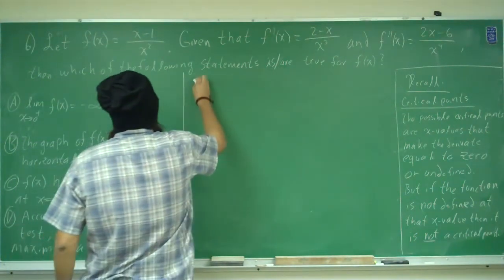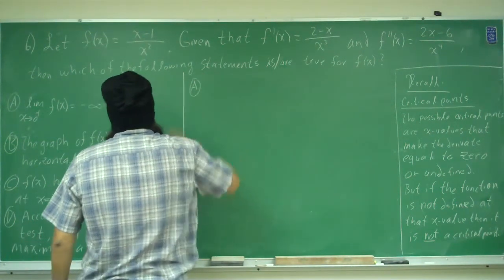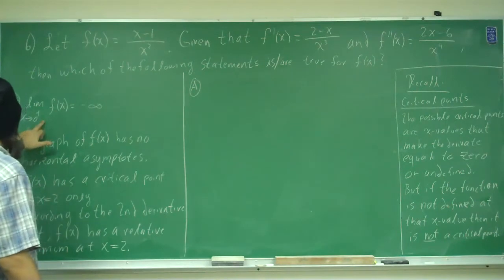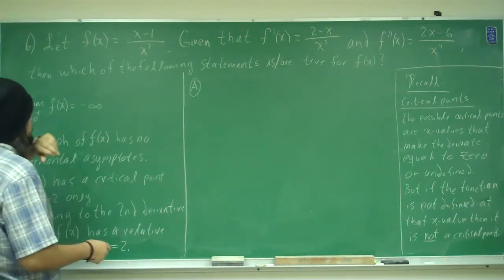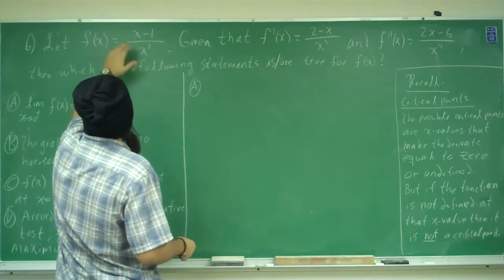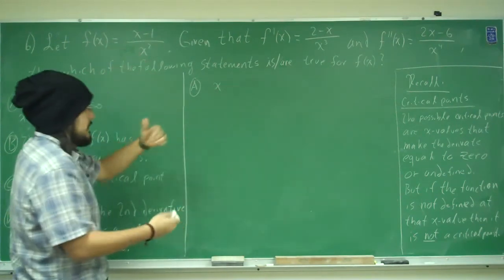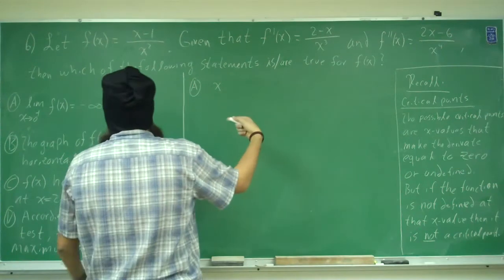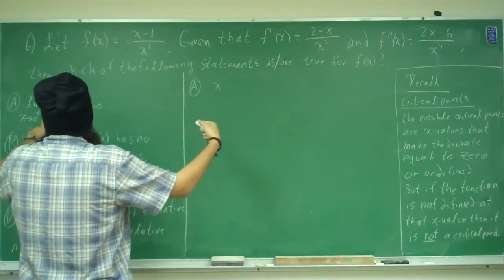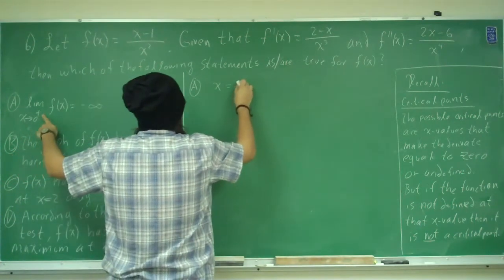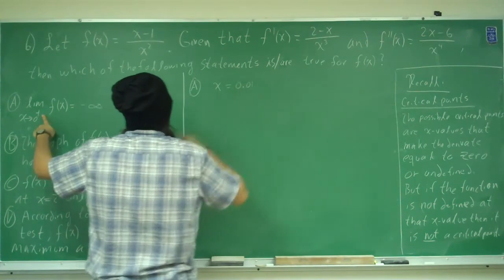So for A, the limit as x approaches 0 from the right of f of x. So here's f of x. If I'm approaching from the right, I'm going to plug in a small number. Let x be, let's say, 0.01.